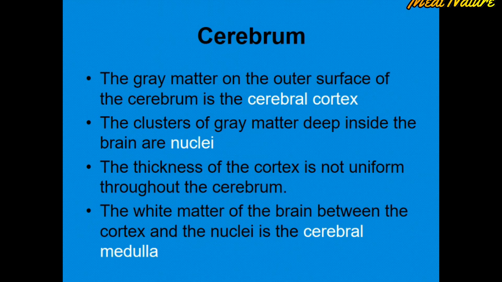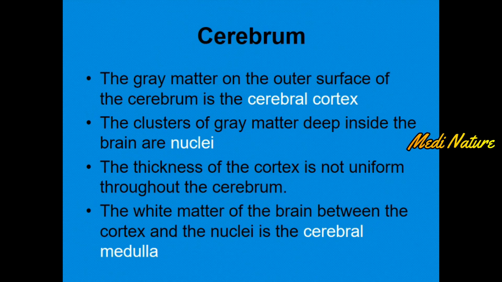The gray matter which lies on the outer surface of the cerebrum is called cerebral cortex. The clusters of gray matter which lie deep inside the brain are called nuclei. The thickness of the cortex is not uniform throughout the cerebrum.